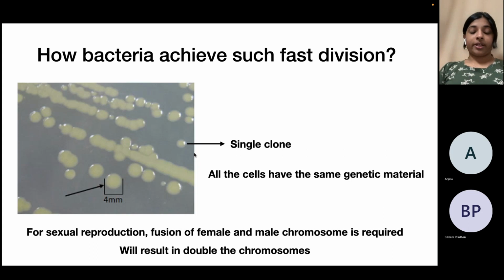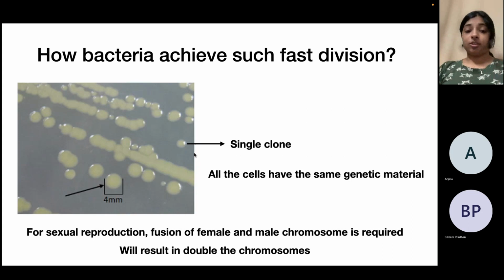However, for larger organisms like a human or a higher eukaryote, sexual reproduction comes into the picture, and here it requires a fusion of a female and a male chromosome. This fusion requires that the DNA content in these cells be halved, so that upon fusion, it will still retain the original DNA amount.